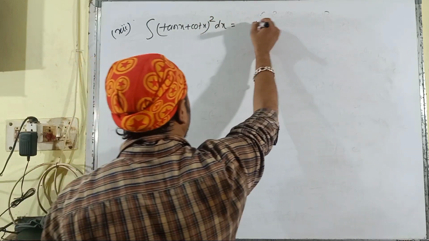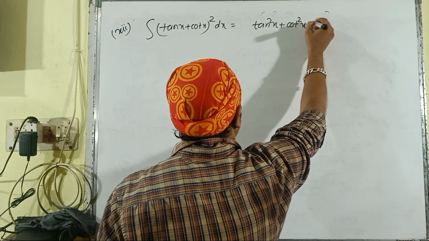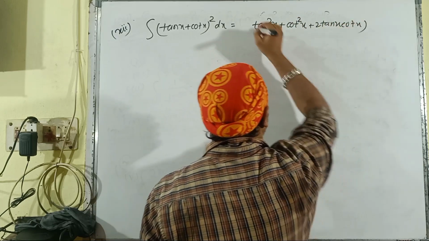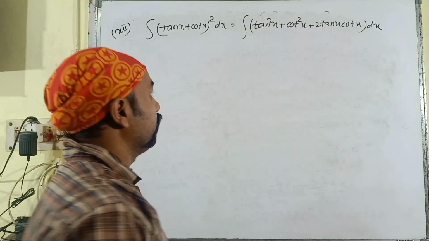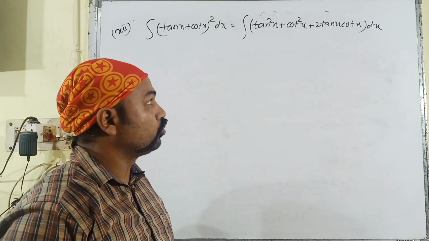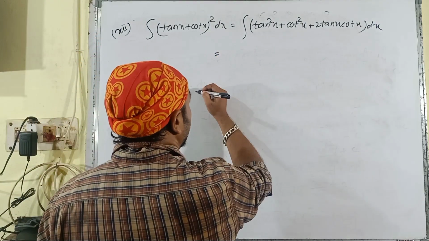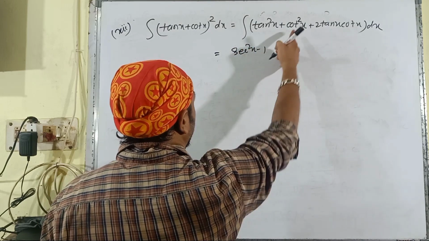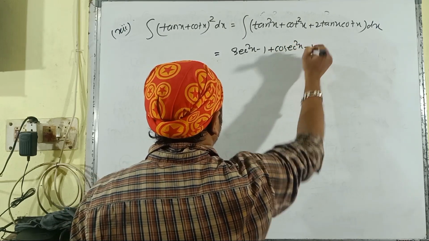Then it is tan²x plus cot²x plus 2 tan x into cot x. But we know that we cannot find the integral of tan²x as well as cot²x directly. So we have to transform tan²x into the form of sec²x minus 1, and we have to transform cot²x into the form of cosec²x minus 1.